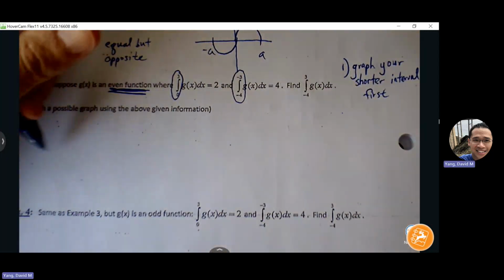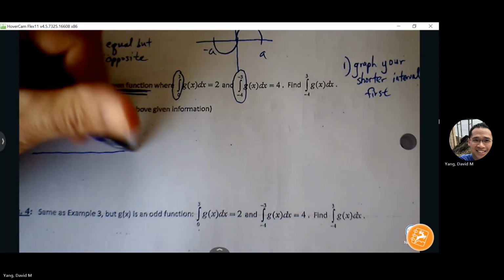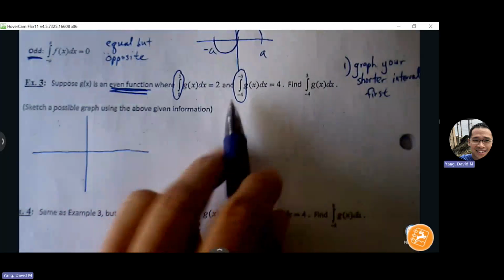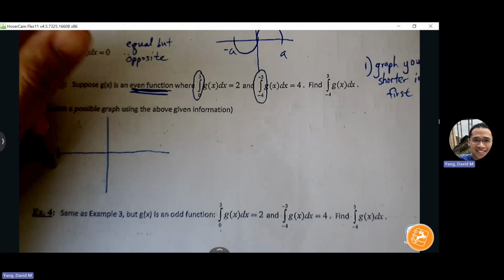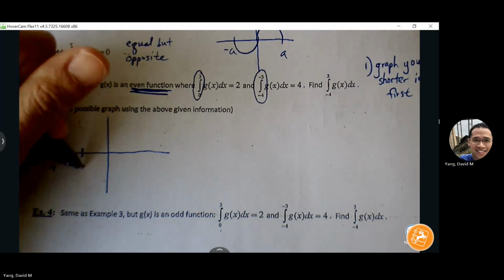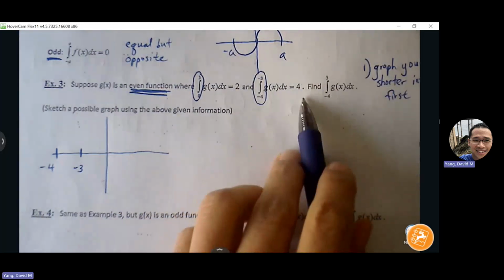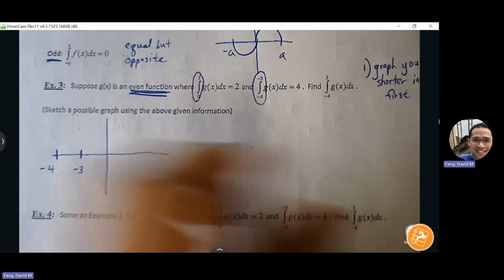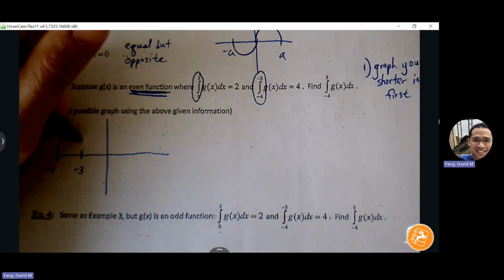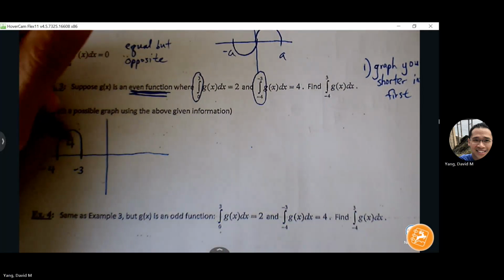So from -4 to -3, I'm just going to freehand draw this here. The value is +4, above or below the x-axis? Above. So I'm just going to draw a mound here and call it 4.